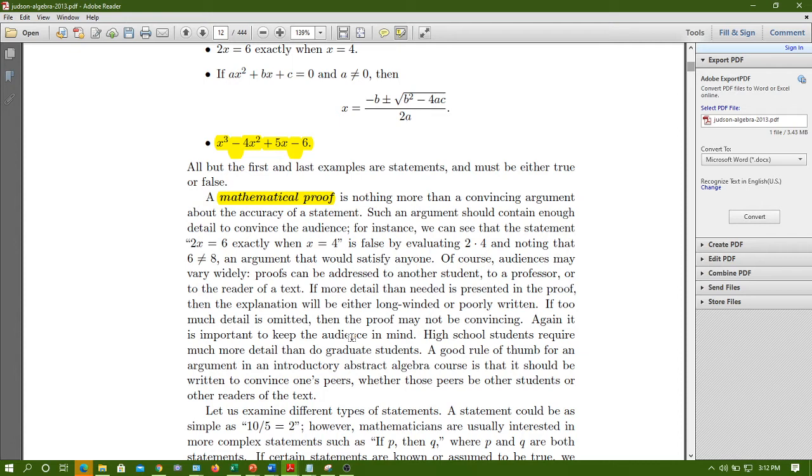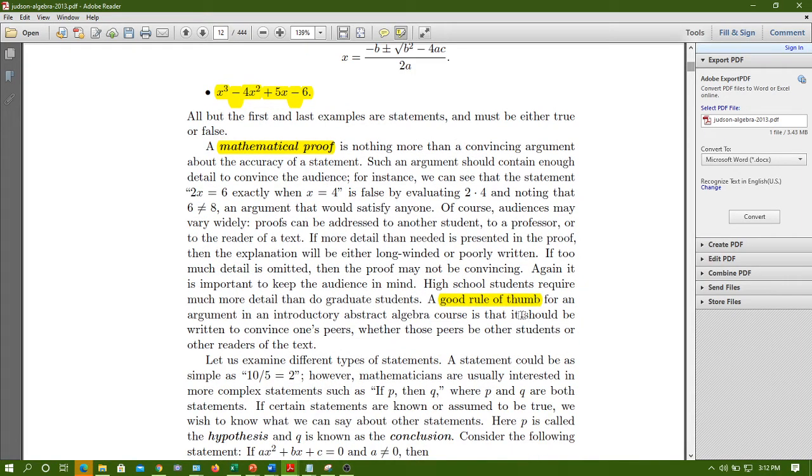A good rule of thumb for an argument in an introductory abstract algebra course is that it should be written to convince one's peers, whether those peers be other students or other readers of the text.